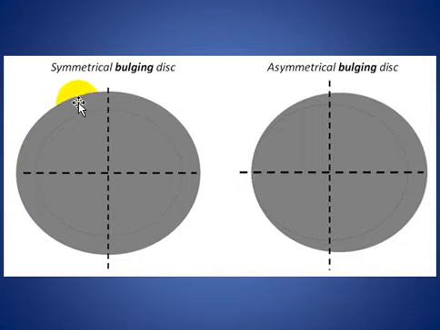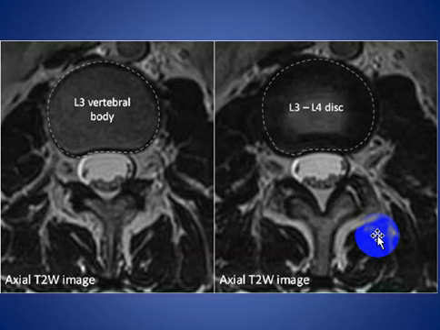As we see here, this is the vertebral body, and this is the symmetric bulging circumferentially around the vertebra. And here, this is the vertebral body, and this is a symmetric bulging disc around the vertebra. Here we should compare the size of the vertebral body with the disc.